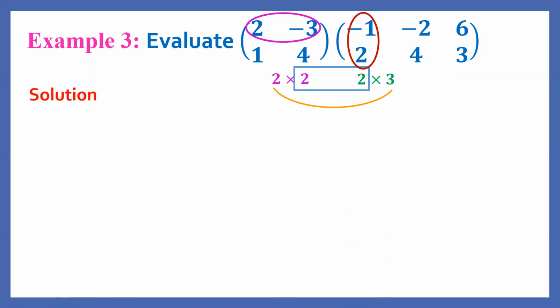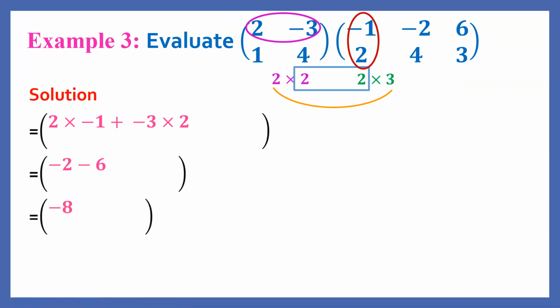We now move on by multiplying the first row by the first column. First row, first column. So I will have 2 times -1 plus -3 times 2, which is -2, -6, -8.